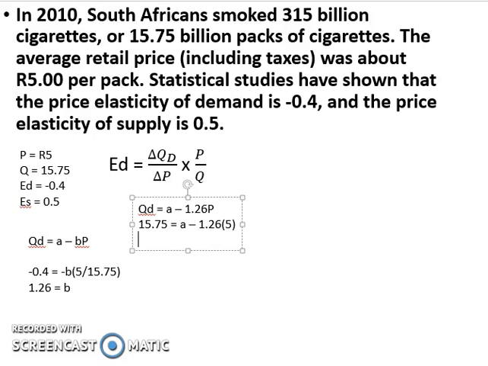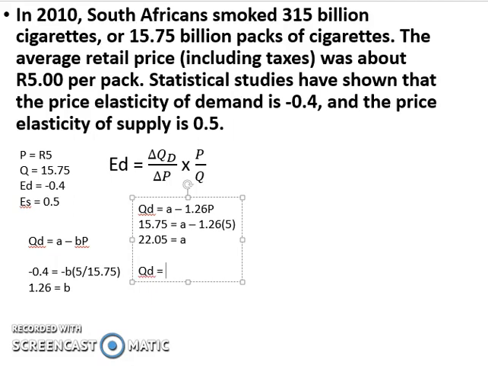So 1.26 multiplied by 5 is 6.3, and we take that over to the other side, meaning that we get 22.05 equals A. And now we have calculated the value for minus B, we've calculated the value for A, so now we can write our demand equation.